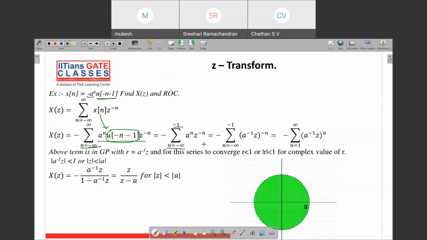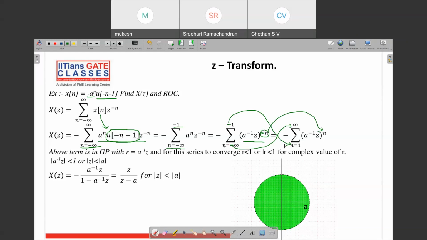Now you can write it like this as well. Here at the power you have minus n, and n is varying from minus infinity to minus 1. So you can exchange the sign with the limit sign: instead of minus n you make it plus n, instead of minus infinity you make it infinity, and instead of minus 1 you make it 1.